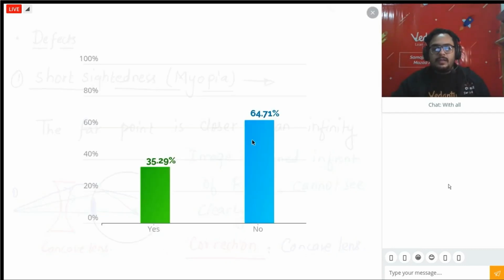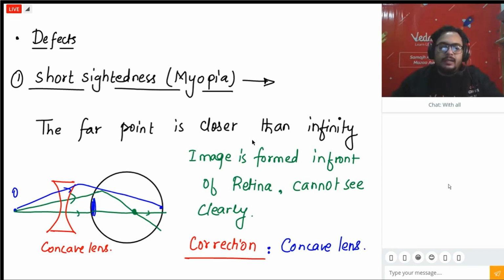Okay, 35% only have glasses. So we have very healthy students in this class. Congrats to you. Okay. So many people have gotten their eyes corrected, because last time it was 50-50.